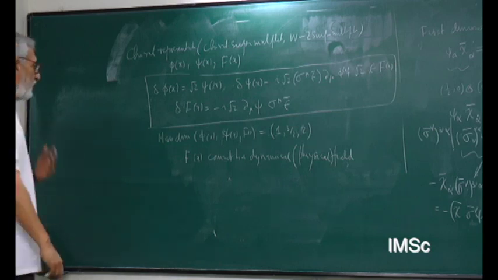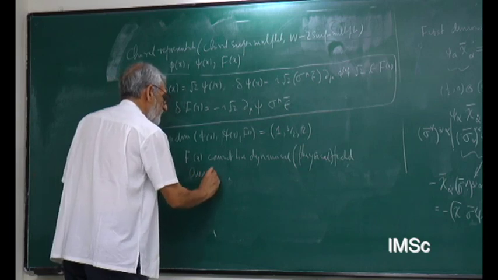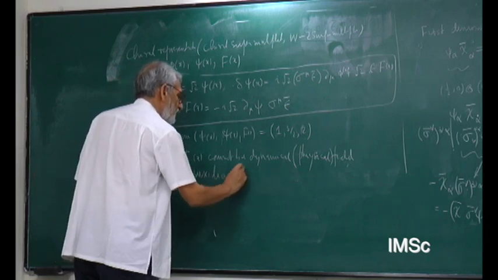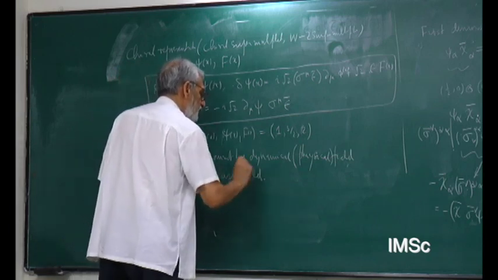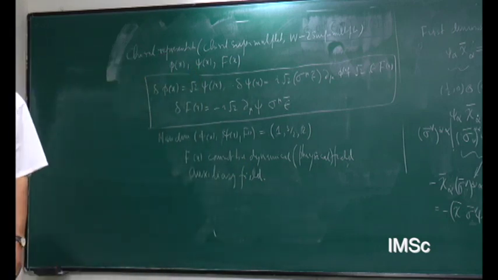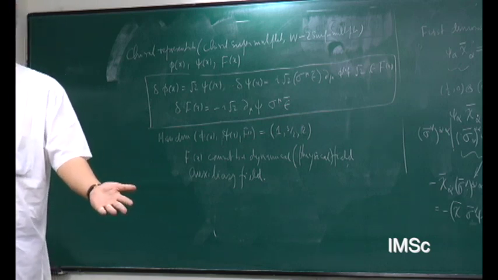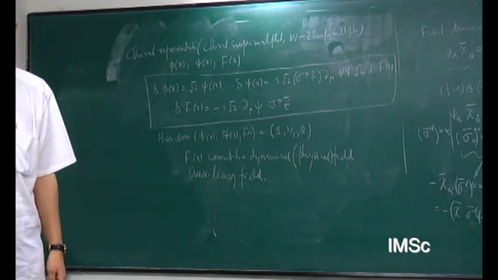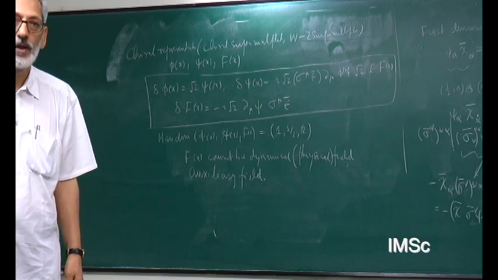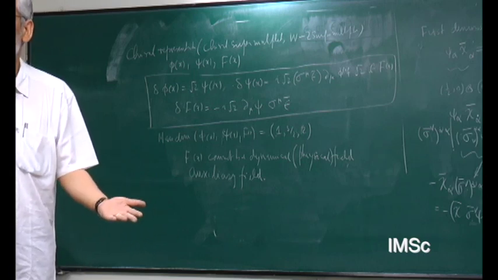So there's a name we give to this field, auxiliary field. Which means we will not write a kinetic energy for F in our theory. But they could have equations of motion, but the equations of motion will not be dynamical equations of motion.